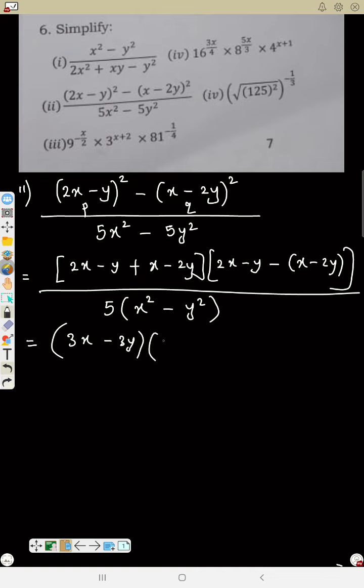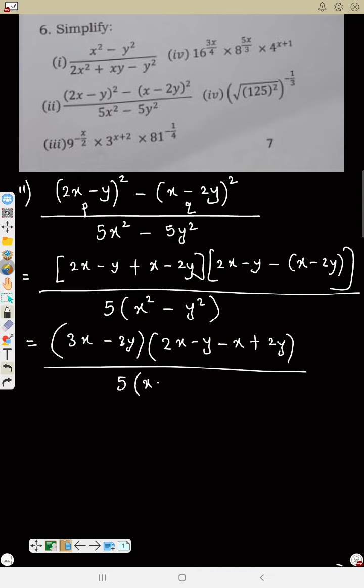Open bracket again: this will be 2x minus y minus x plus 2y, because this minus will open the bracket, minus times minus is plus. Divided by 5 brackets (x plus y)(x minus y), because this is difference of two squares.